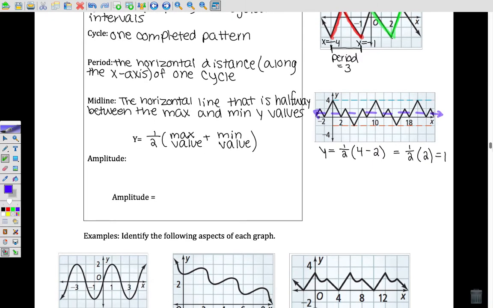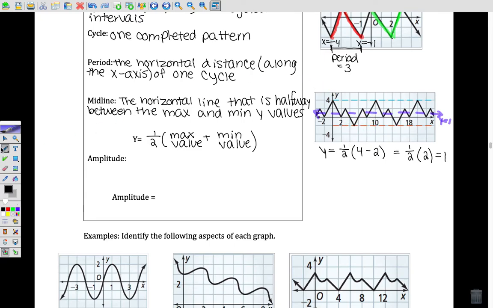The amplitude is just how far the graph ever fluctuates from that midline. So in this example, if this is at y equals 1, the graph is never more than 3 units away from it on top and 3 units away from it on bottom.